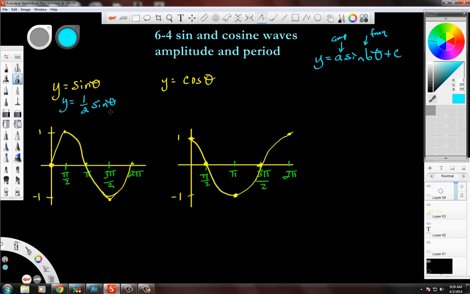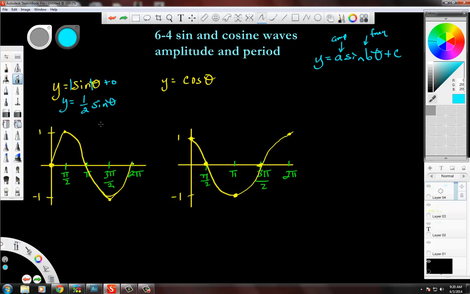On our basic y equals sine of theta, that's actually 1 sine of 1 theta plus 0. It is in that form. But we usually don't write 1, just like if you have the number 7, we don't put 1 times 7, we just write 7.